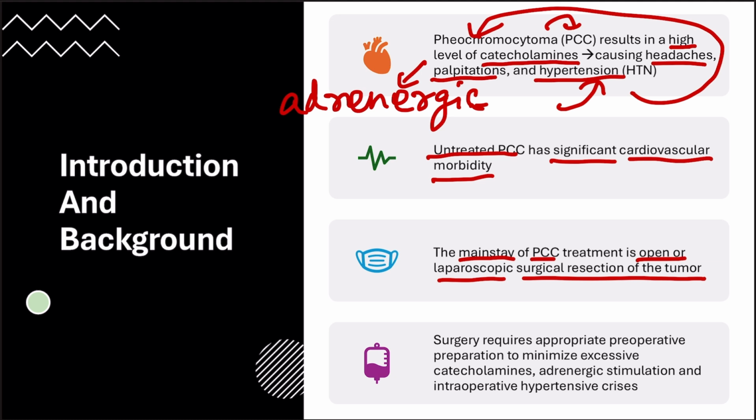This surgery requires appropriate preoperative preparation to minimize the excessive amount of catecholamines, which can lead to hypertensive crisis during the surgery through adrenergic stimulation, and to decrease the chances of palpitations and the cardiovascular morbidity and mortality associated with pheochromocytoma.